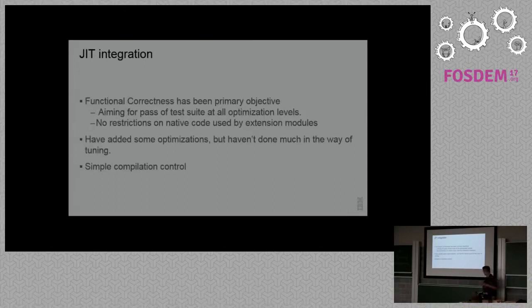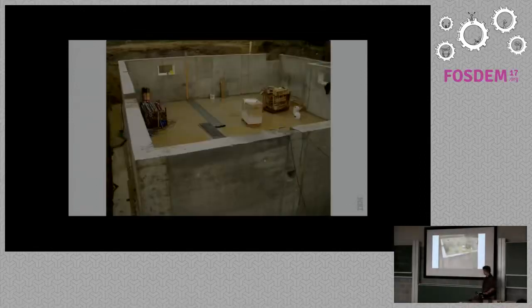It's got a very simple compilation control today. It just counts how many times the method's invoked before it compiles the method. And so really what I've built is a foundation. This is the state of the project today: we've laid the foundation, and now we have to build the house on top.